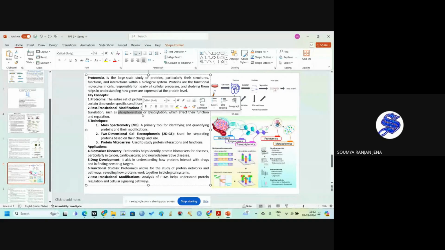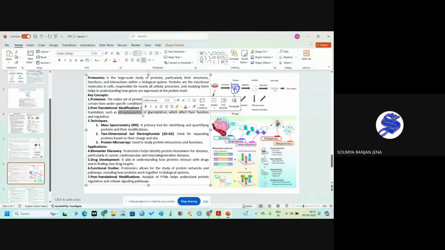Phosphorylation is a very important process because phosphorylation or dephosphorylation of a protein may regulate the activation or inactivation of any enzyme. We know a kinase is an enzyme that adds a phosphate group, and if phosphorylation happens, then that enzyme is activated. If dephosphorylation occurs, then the enzyme is deactivated.